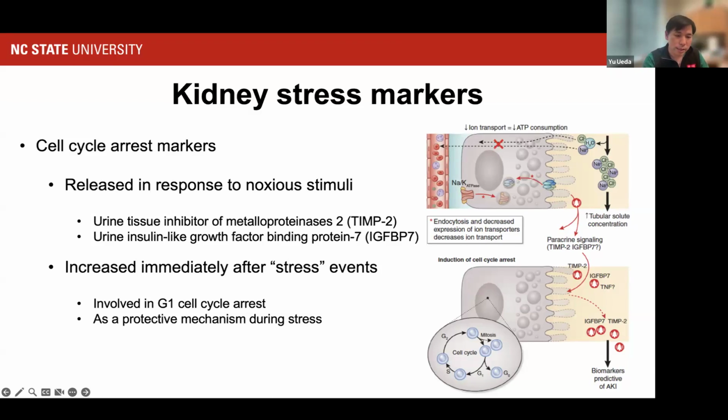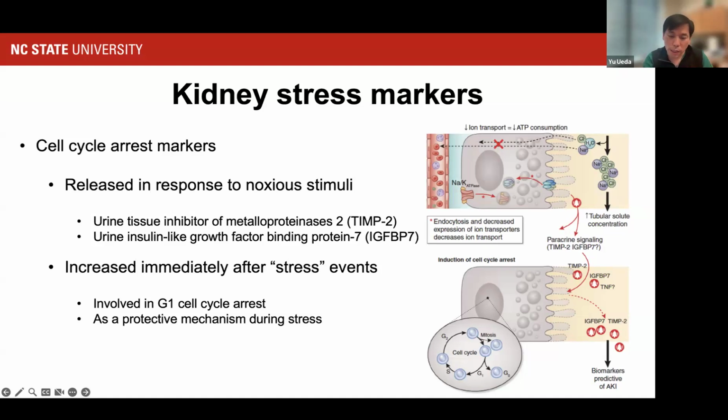So these are the ones that are measured in the urine after they are released from the stressed tubule cells. And these molecules are involved in the G1 cell cycle arrest, probably as a part of the protective mechanisms when the tubule cells are feeling the stress or going to be injured.